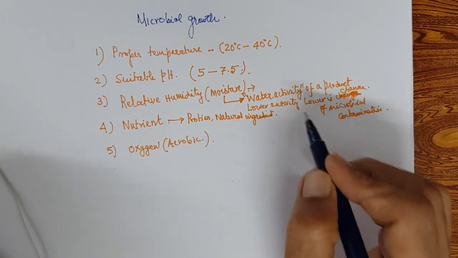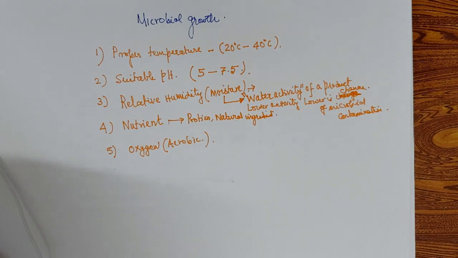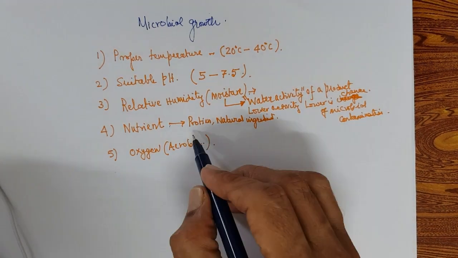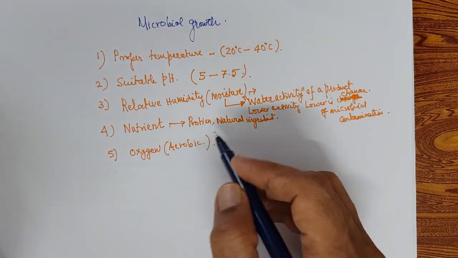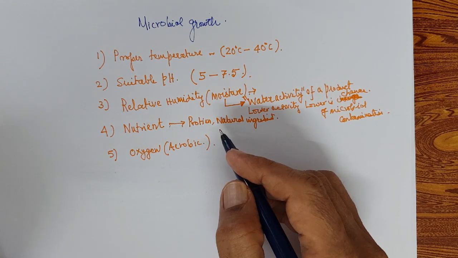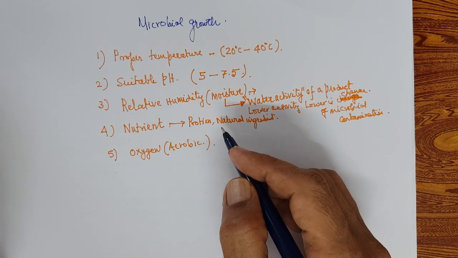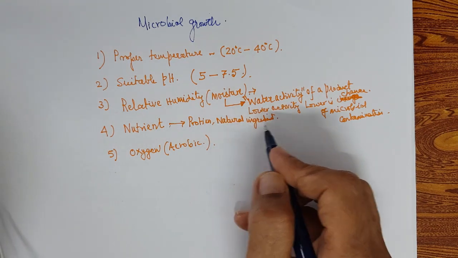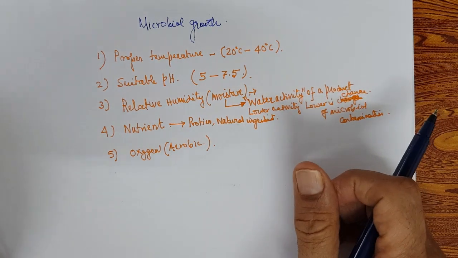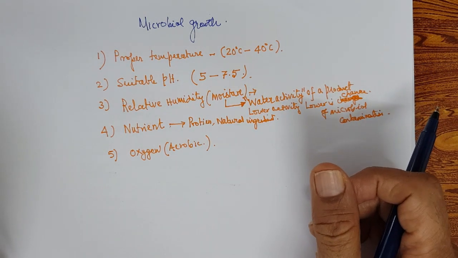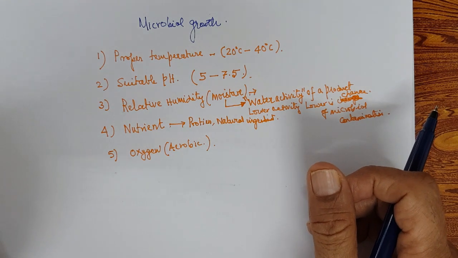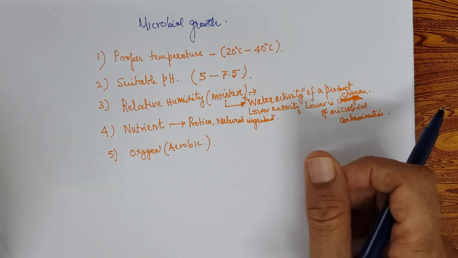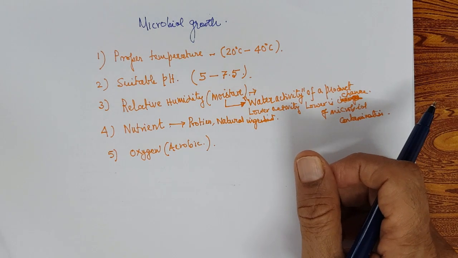When you have an active or an ingredient which is protein rich, it's susceptible. Then you have natural ingredients, minerals like kaolin, or herbal powders like neem powder.